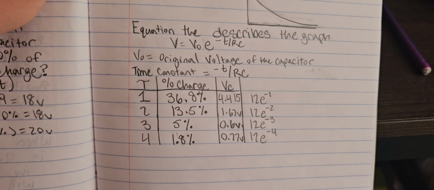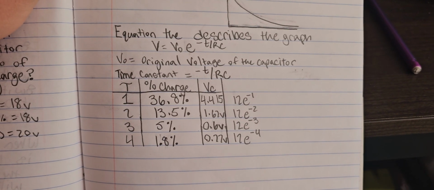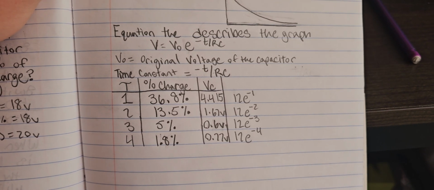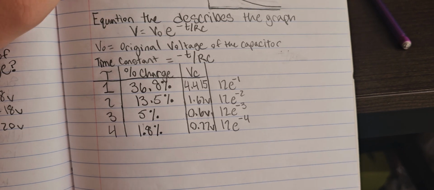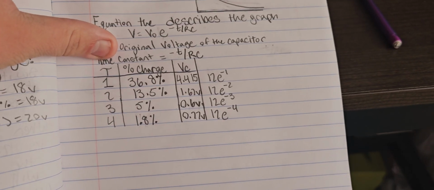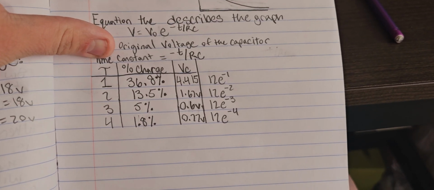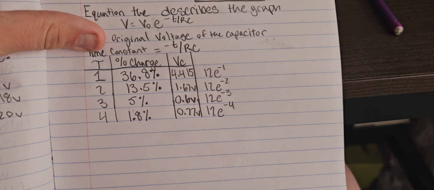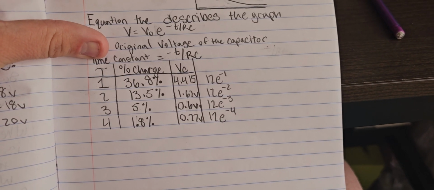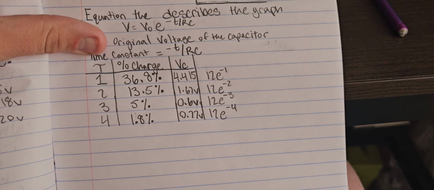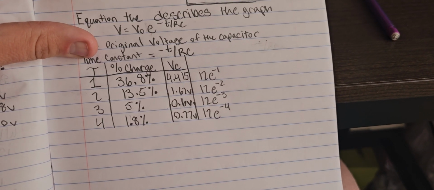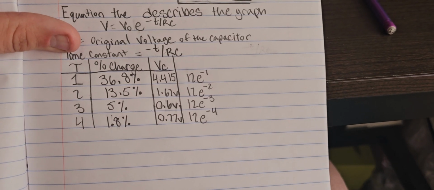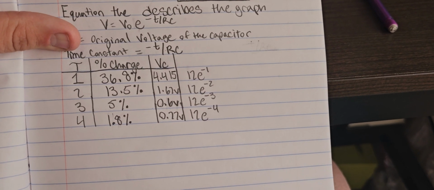And then as the time constants get bigger, so 1, 2, 3, and 4, the voltage for the discharge will go down. After 2 time constants, it would be 13.5%, and the voltage will be 1.62 volts. 3 time constants, 5%, and 0.6 volts, and 4 time constants, 1.8%, 0.22 volts.